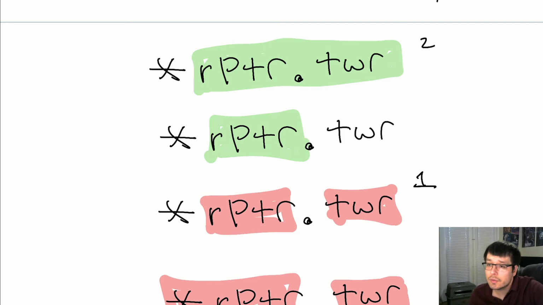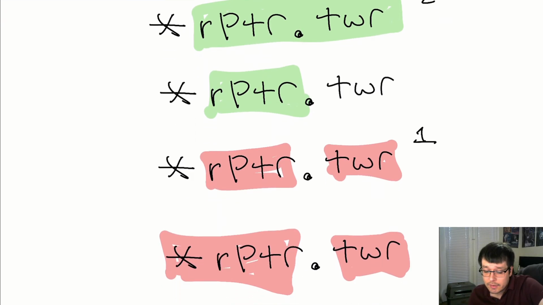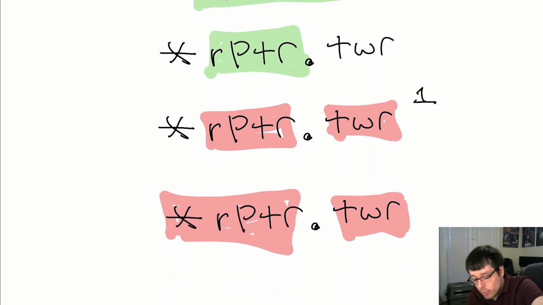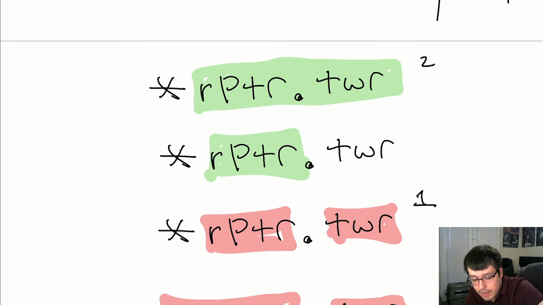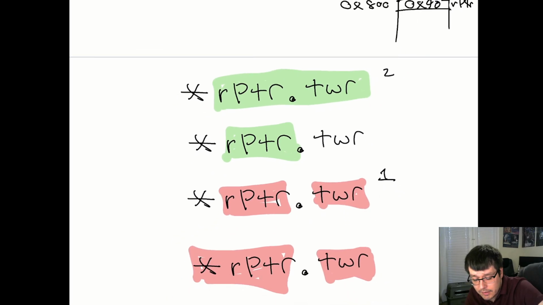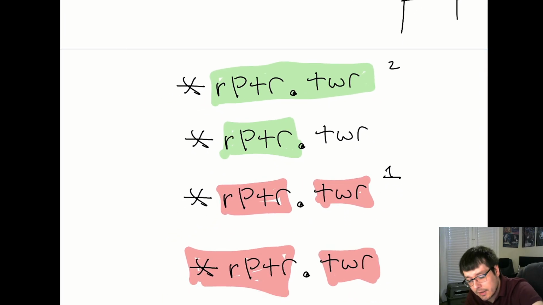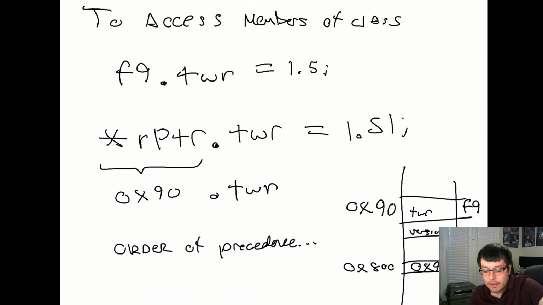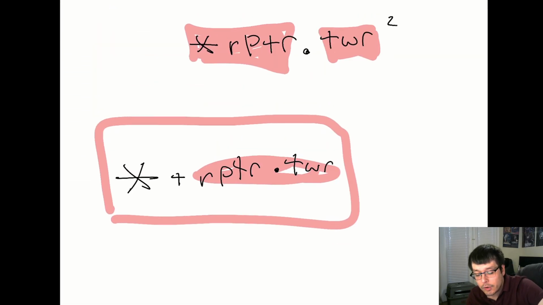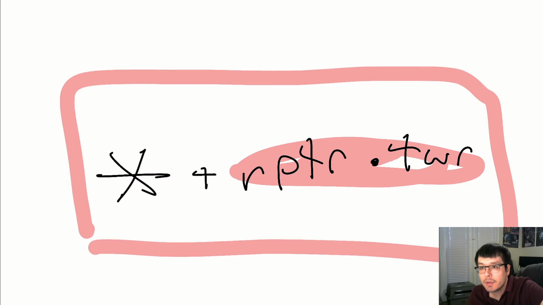Okay, so 1, 2. That's what it's doing. What we want it to do is this first as 1, and then this as 2. Okay? So, in other words, we want the addition to happen before the multiplication.